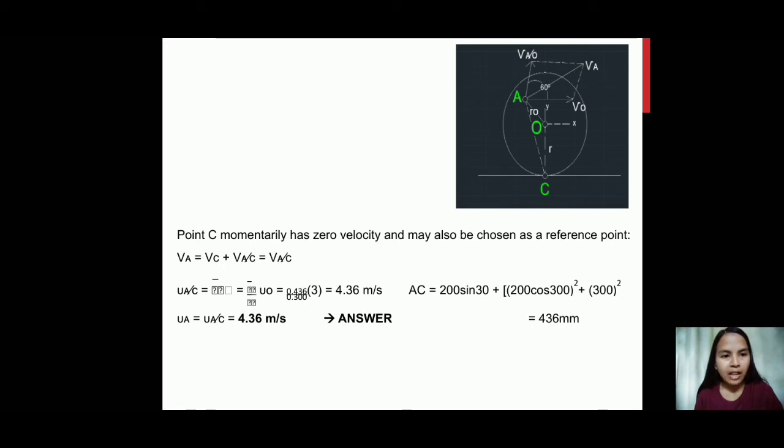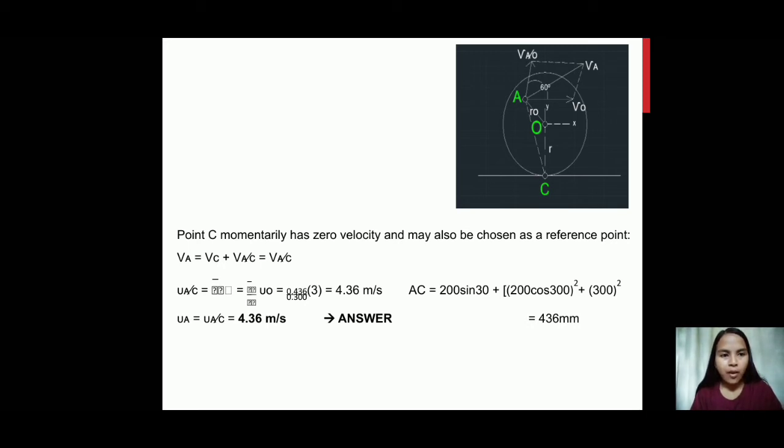And to get the line AC, we have 200 sine 30 plus the quantity of 200 cosine 30 squared plus 300 squared, that would be equal to line AC is equal to 436 millimeters.